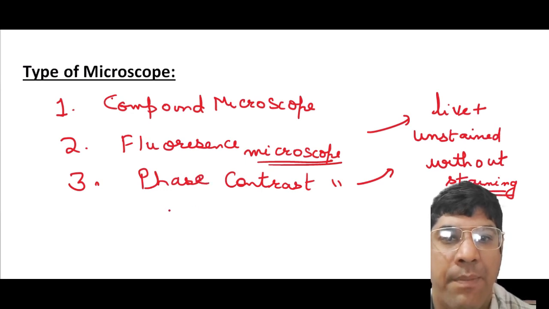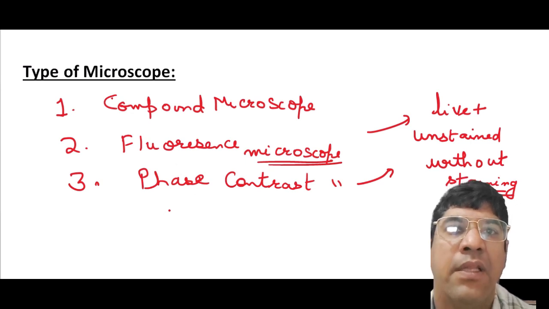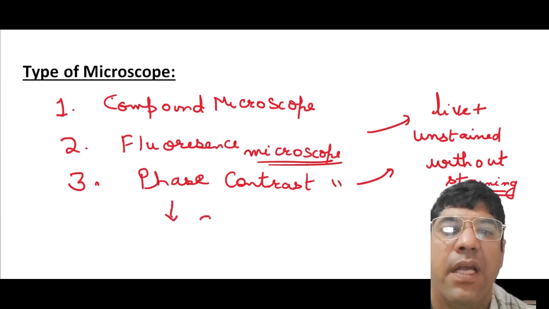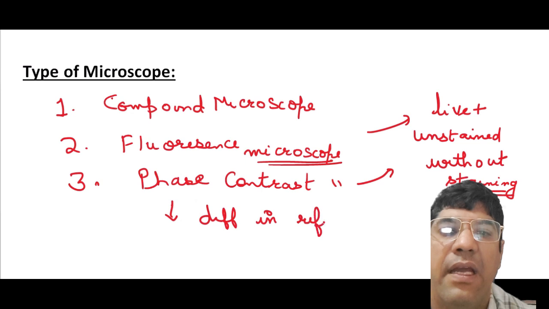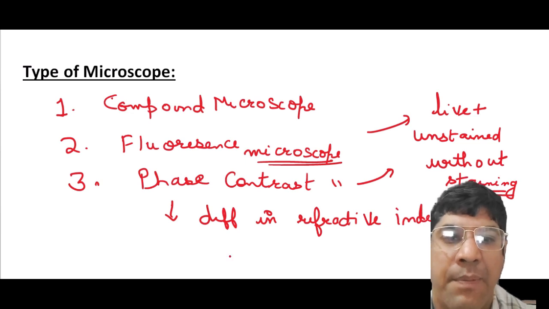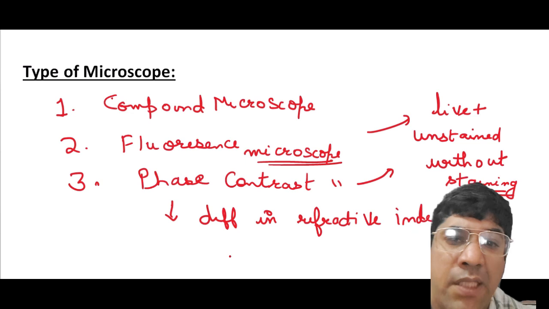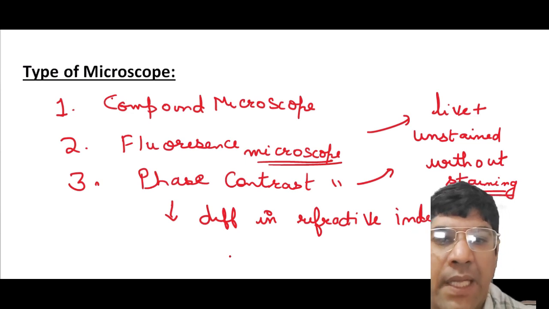So remember that the phase contrast takes advantage of the difference in refractive index of various materials within the specimen, like the bacterial cells and the surrounding medium, usually the culture media or the microscopic slide.